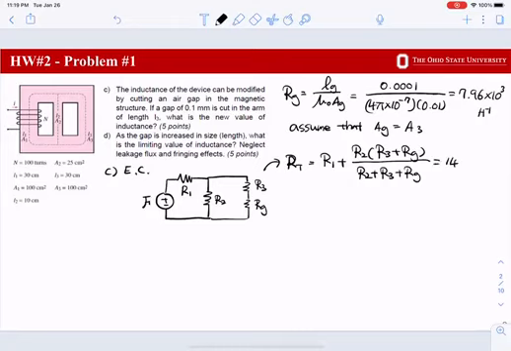This is 14, sorry, 3 times 10 to the third. So the inductance is N squared over the reluctance. That is 0.7 Henry.